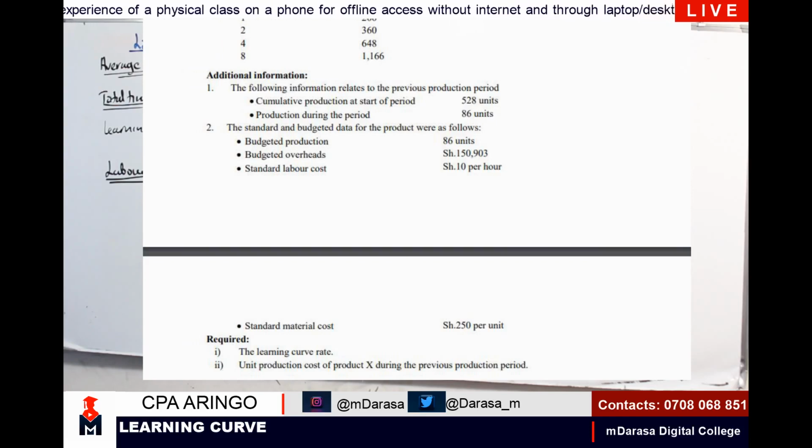Required: the examiner wants us to determine our learning curve rate. And for note 2, we are required to determine the unit production cost of product X during the previous production period.